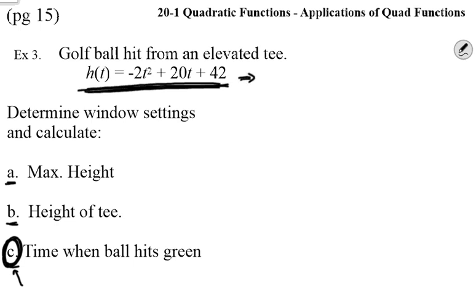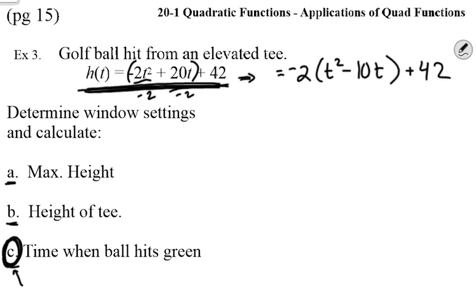First step, we want to factor out the negative 2 so that we have just a t squared. If we divide everything by negative 2, it'll be a t squared minus 10t, and we still have the plus 42. What's the next step?